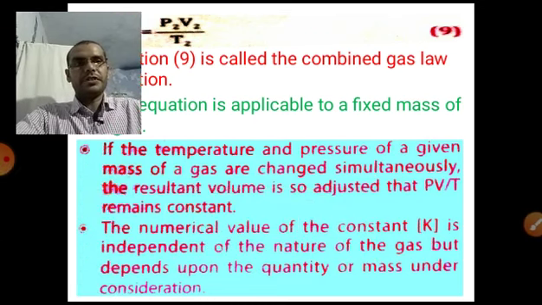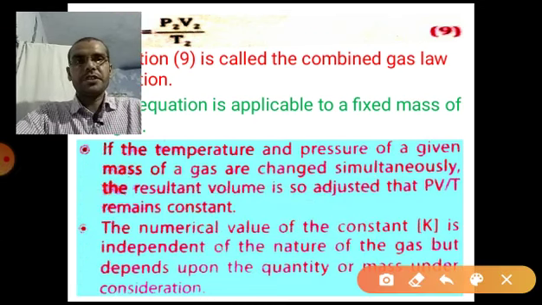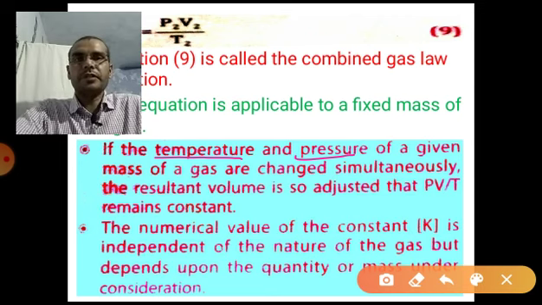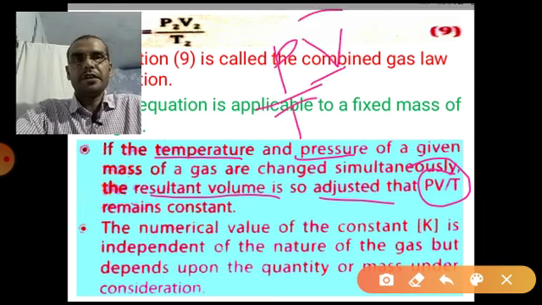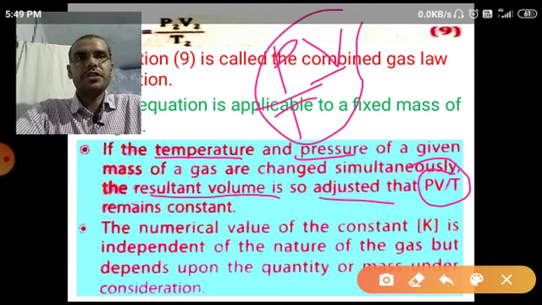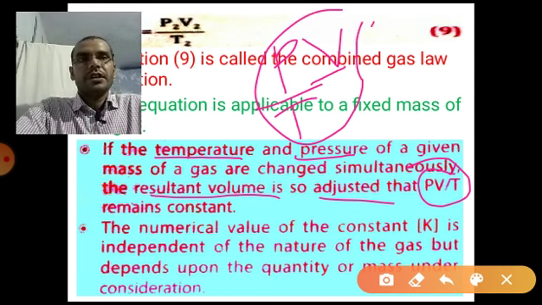Now, the next point is that if the temperature and pressure of a given mass of a gas are changed simultaneously, the resultant volume adjusts so that PV by T remains constant.